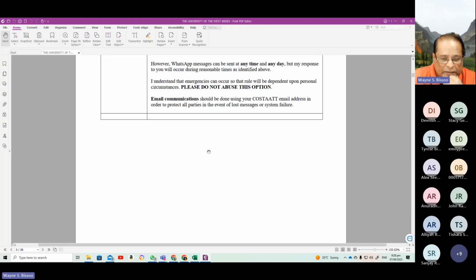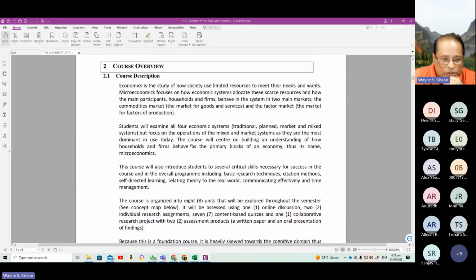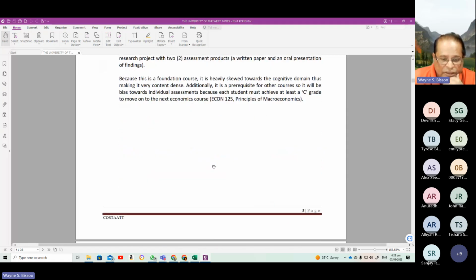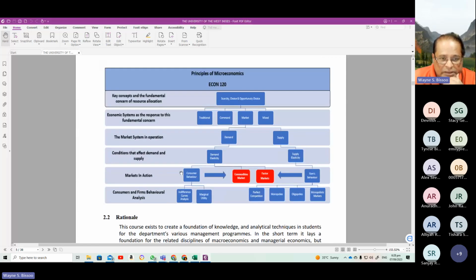Okay. All right. The course description, you all could go through this on your own in terms of how it's arranged. This is a flow diagram of how the course looks, a visual representation of what's going to be done in the course. And for those of you who've done microeconomics before, you'll see some familiar terms.